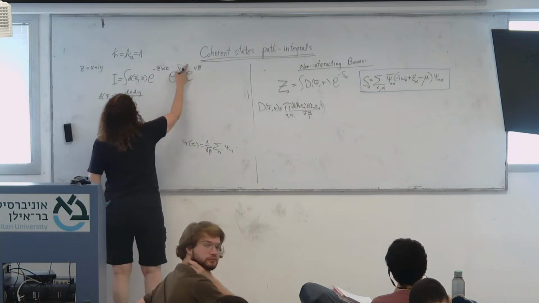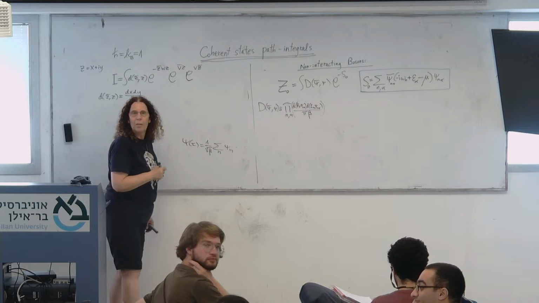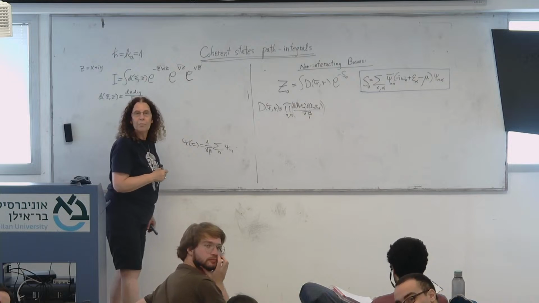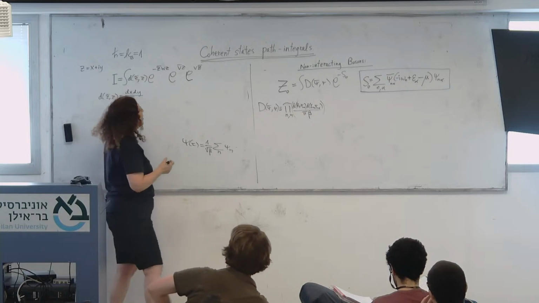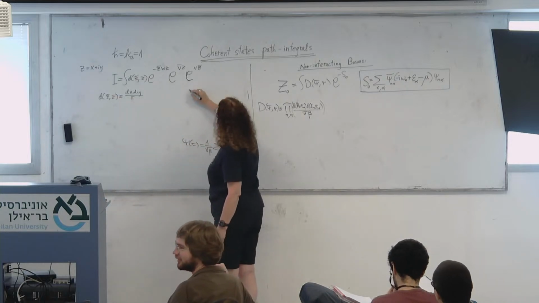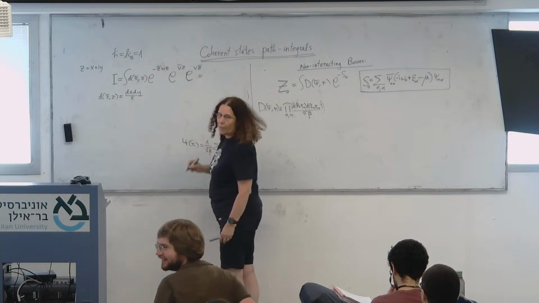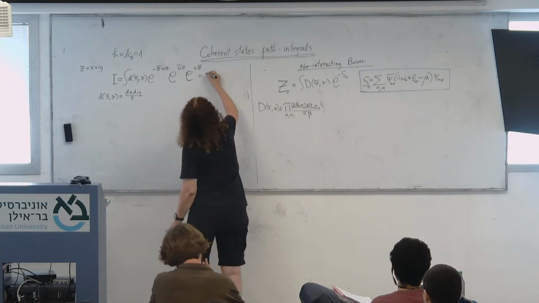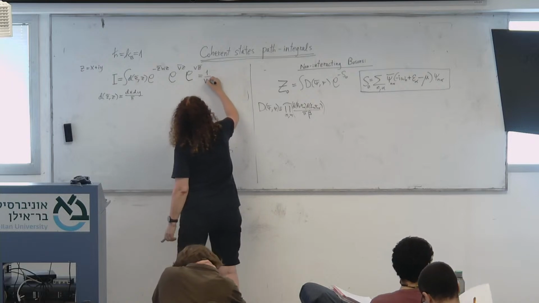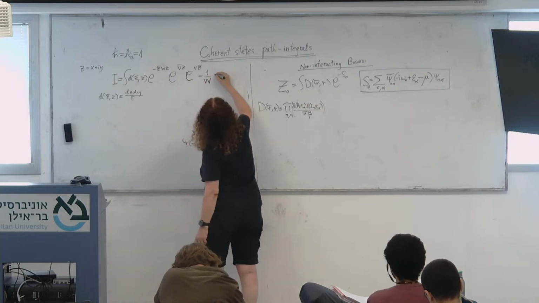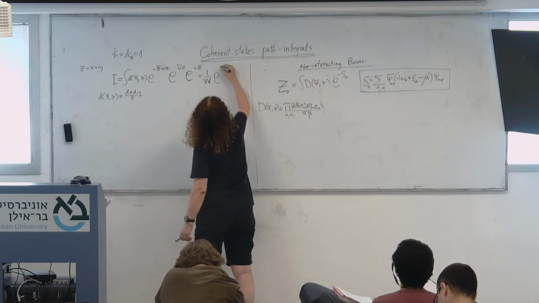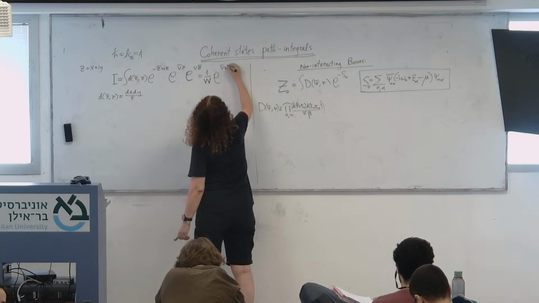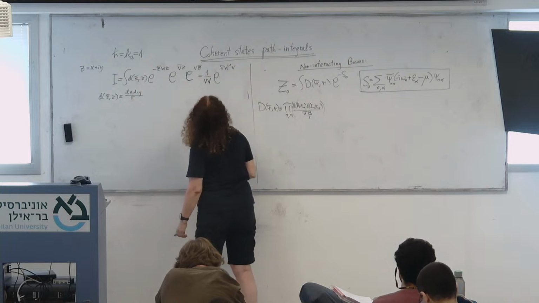So the result of this integral is just 1 over w times e to the v w to the minus 1 v.